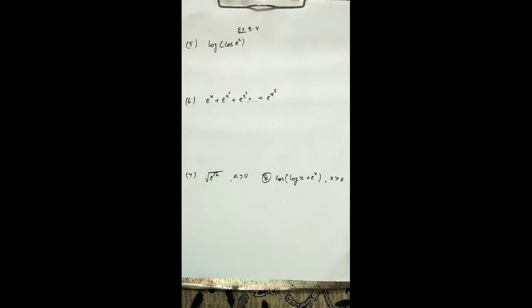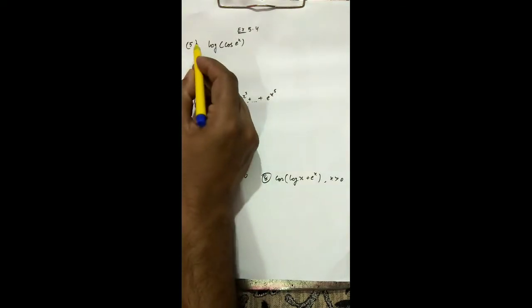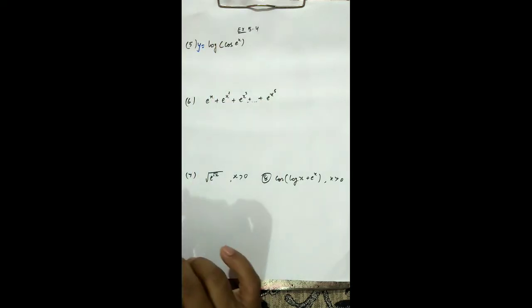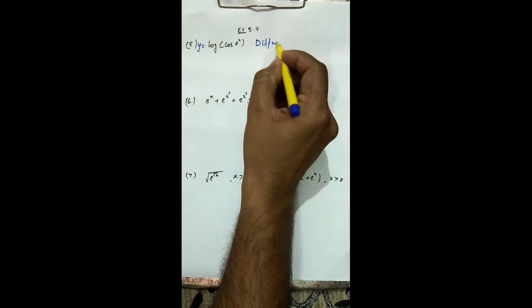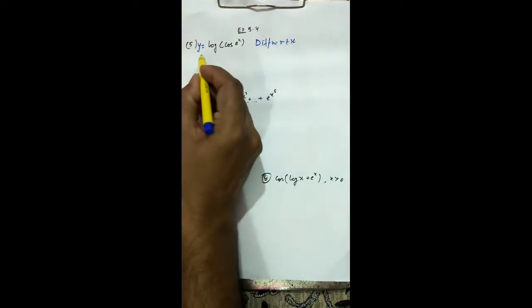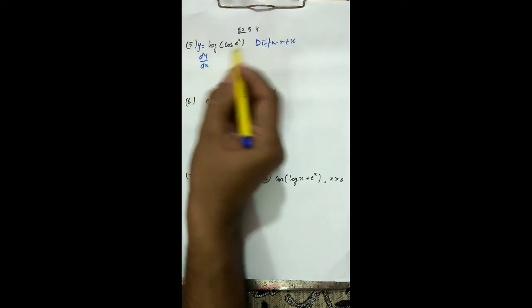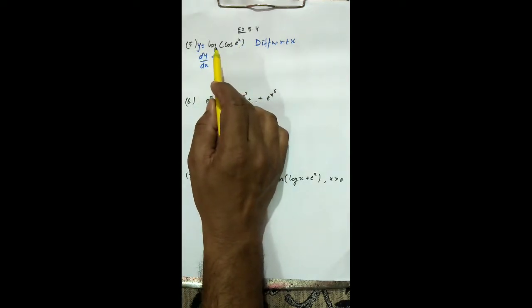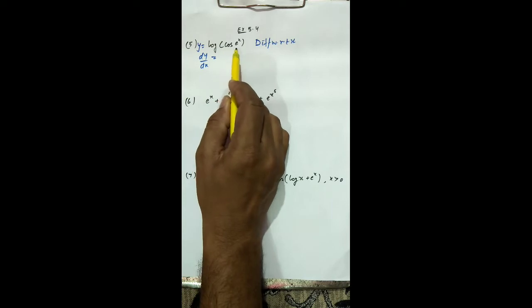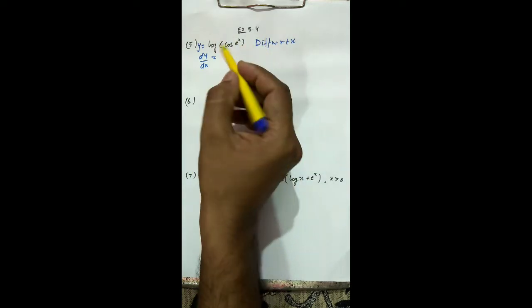Okay, these are a few more questions from exercise 5.4. See this first question: y equals log of cos e^x. We differentiate with respect to x. This is again the composition of three functions: the first function is log, the second is cos, and the third is e^x. So we apply the chain rule.